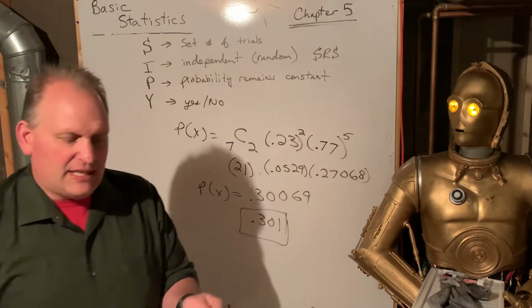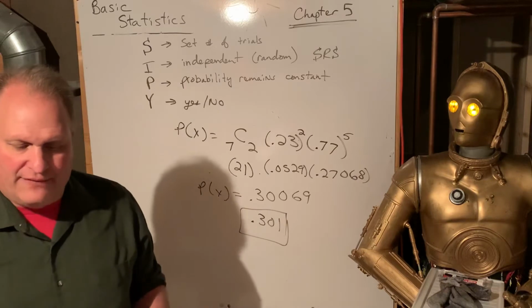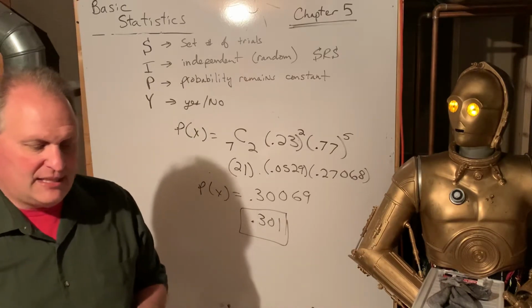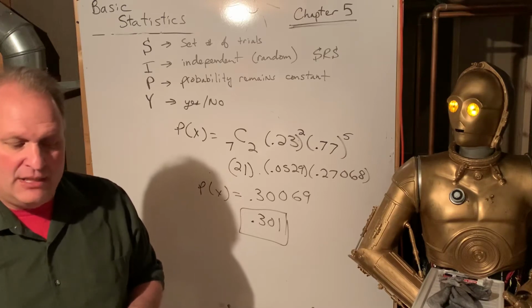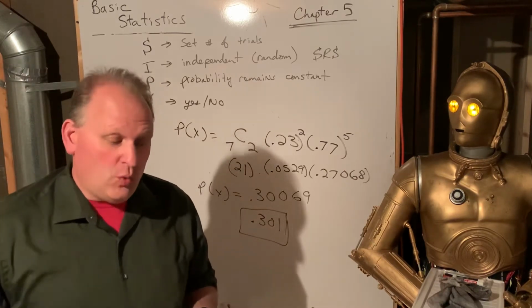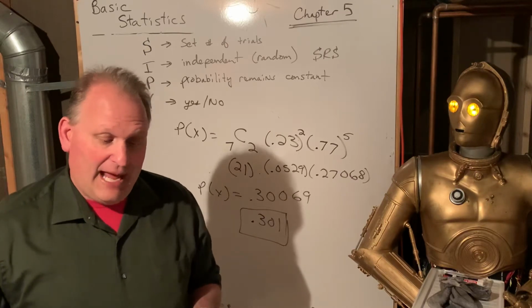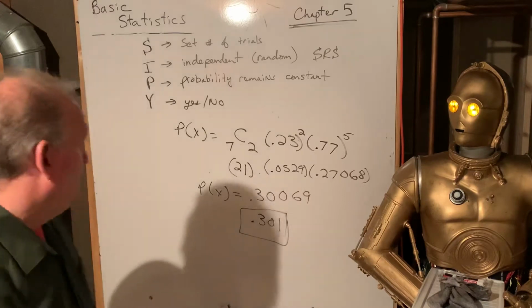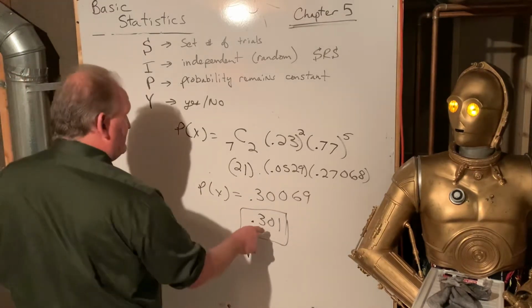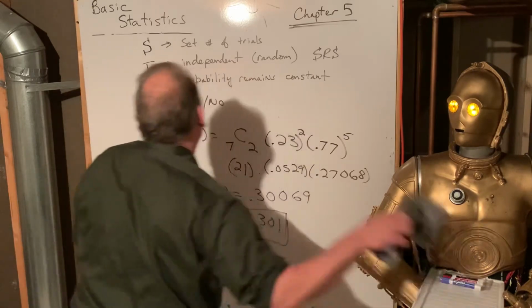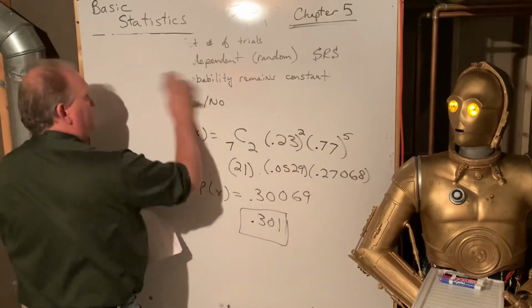A competing study found that 37% of all drivers have been involved in a car accident. Find the probability among your 7 driving friends, 3 or fewer have been in accidents. Oof. So this is going to be a little tougher because we're going to keep the 7 choose 2 in the bank here. I'm going to erase that.